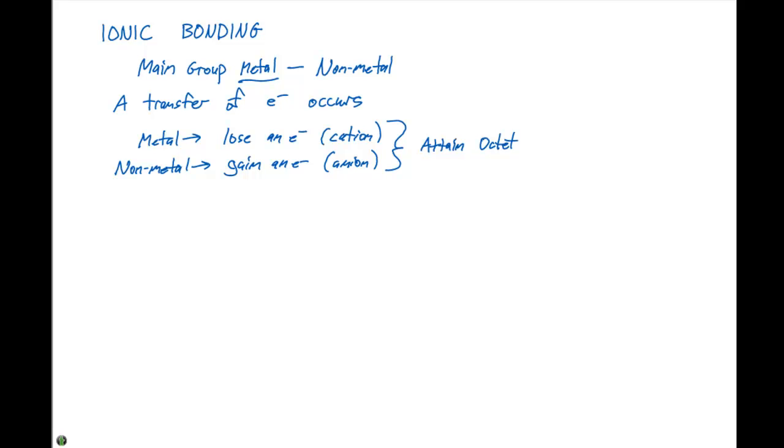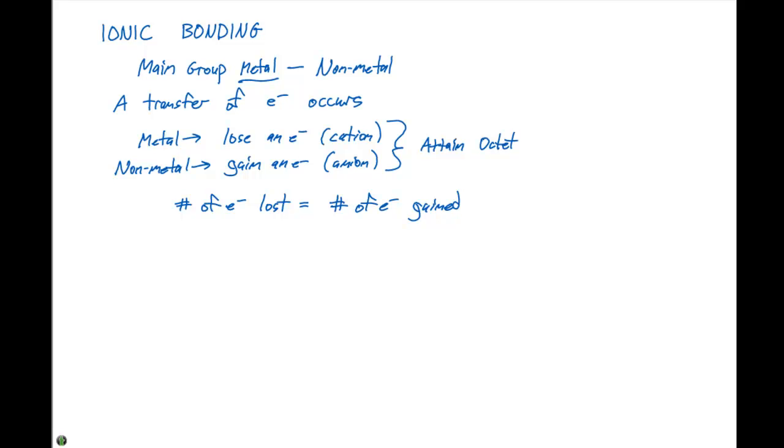And in this particular process, the number of electrons lost must equal the number of electrons gained. And we can use Lewis symbols to show where the electrons are coming from.